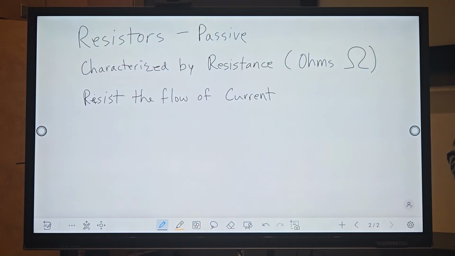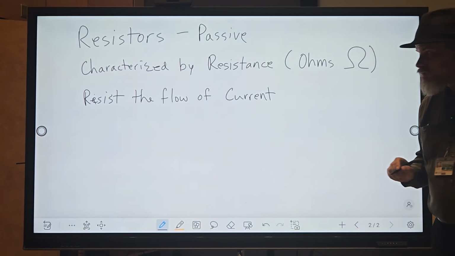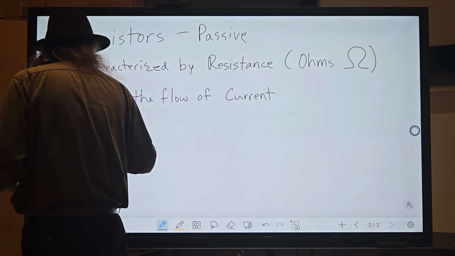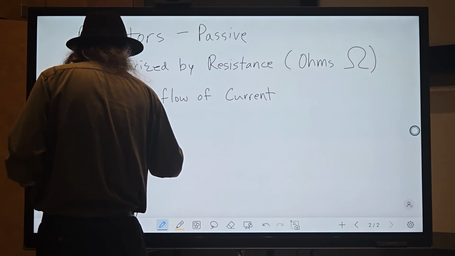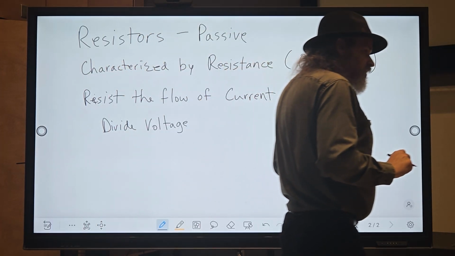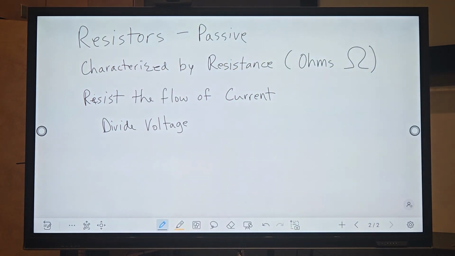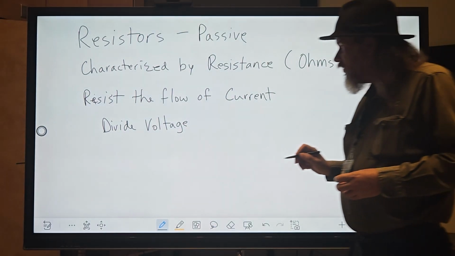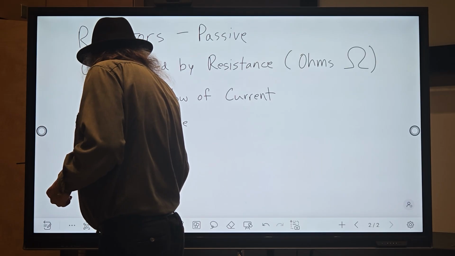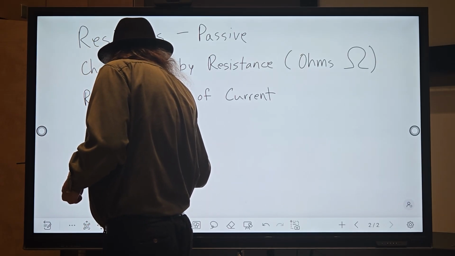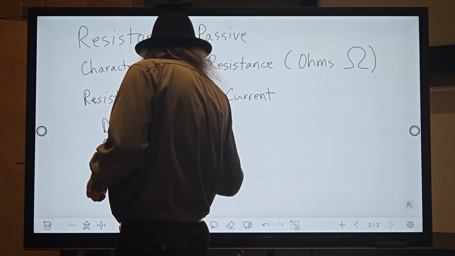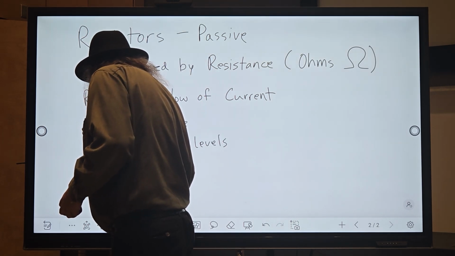They are used to reduce current flow, divide voltage, adjust signal levels, and bias transistors.